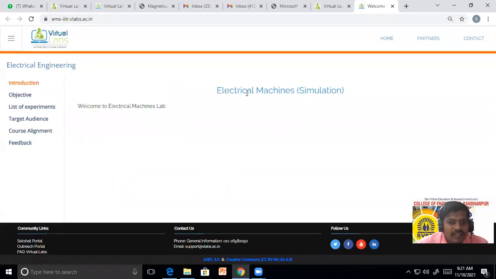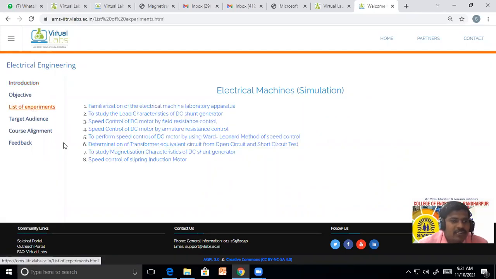Here the electrical machine simulation comes up, and here is the list of experiments. That means we can perform these experiments virtually using the electrical machine virtual lab. In that, familiarization of electrical machine laboratory apparatus, which is a study experiment.